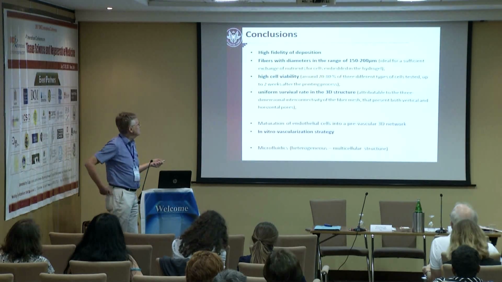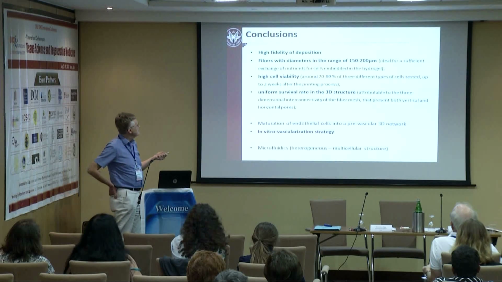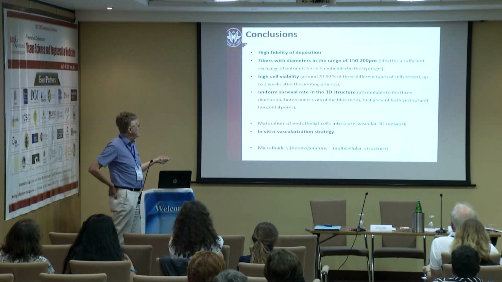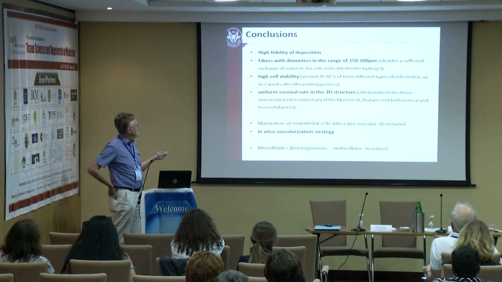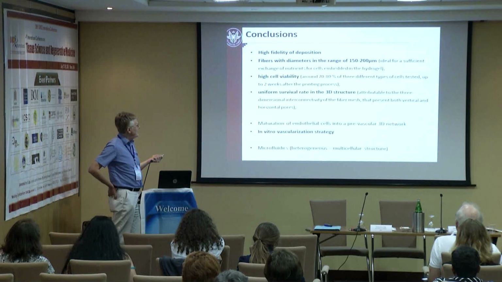So in conclusion, our deposition system allows the deposition with high fidelity and reproducibility. The fiber diameter ranges between 150 and 100 microns. There is also a high cell viability. There's a uniform survival throughout the 3D structure.